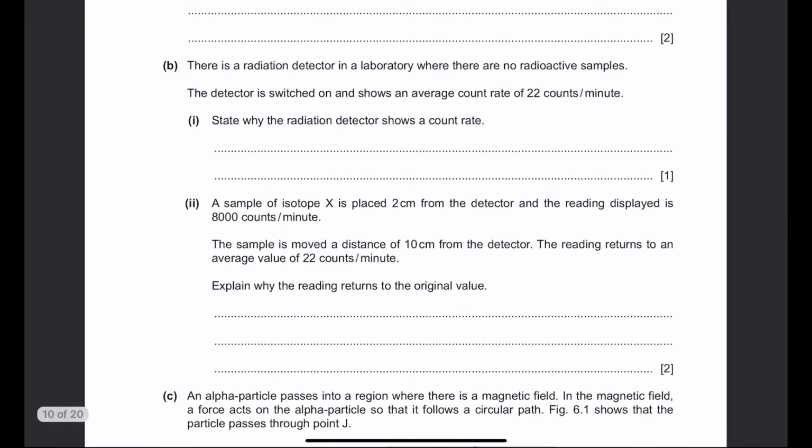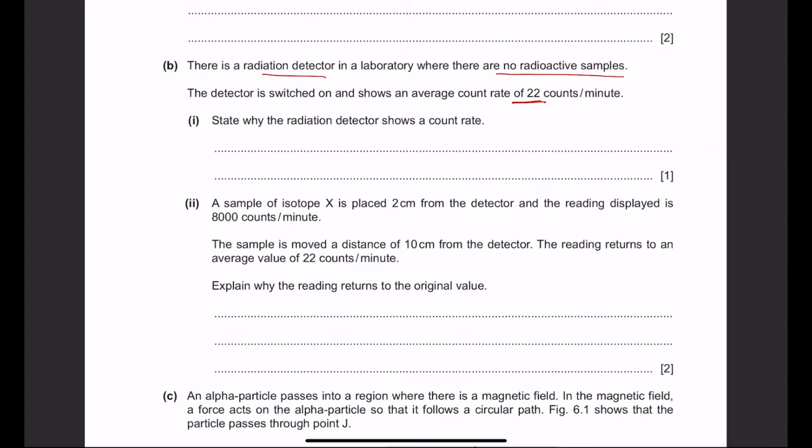Now they're saying there's a detector in the laboratory, but there are no samples around. However, when the detector is switched on, it shows you the count rate of 22. Now, why is that the case? Well, what is it detecting at the moment?